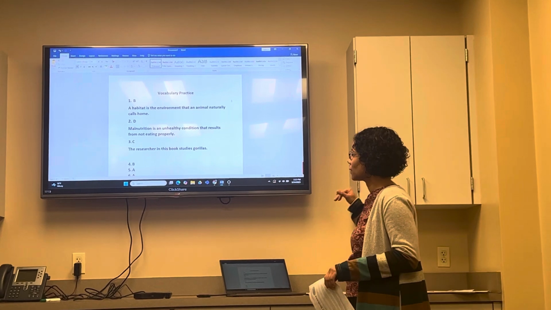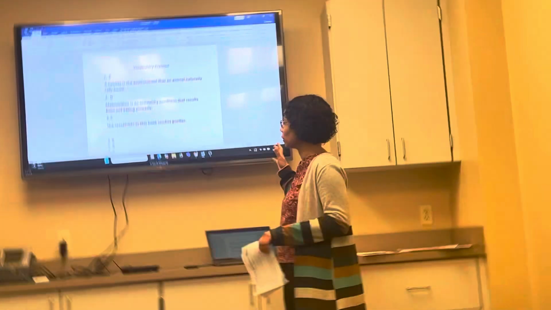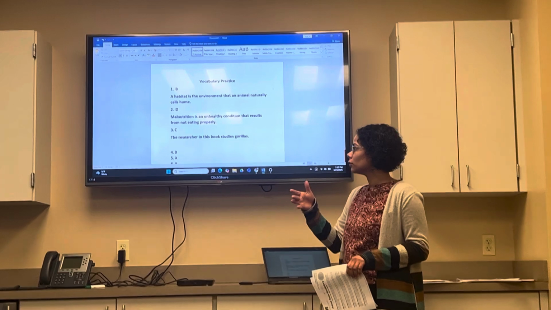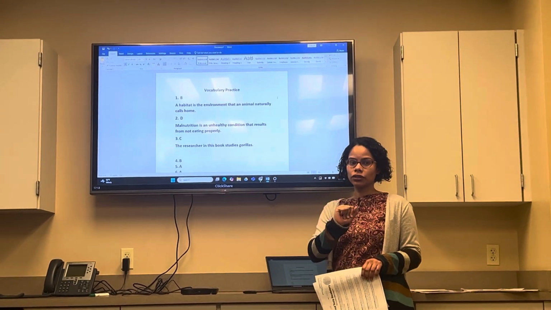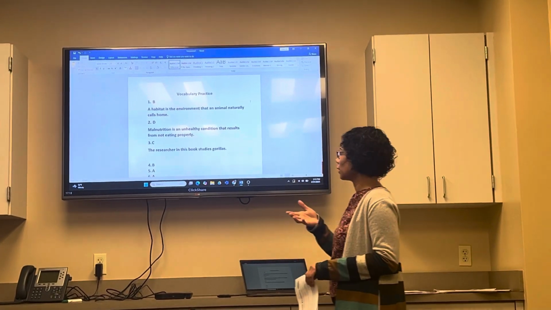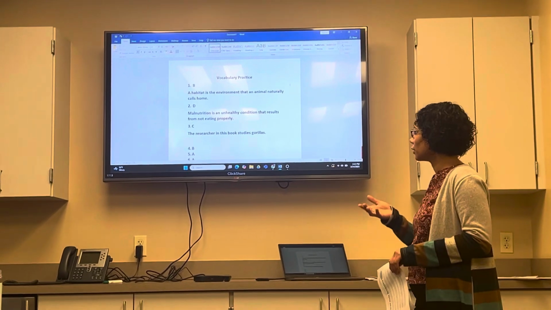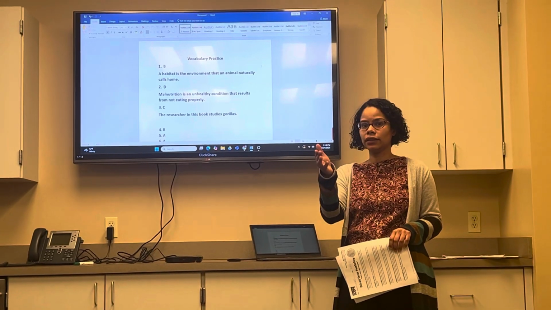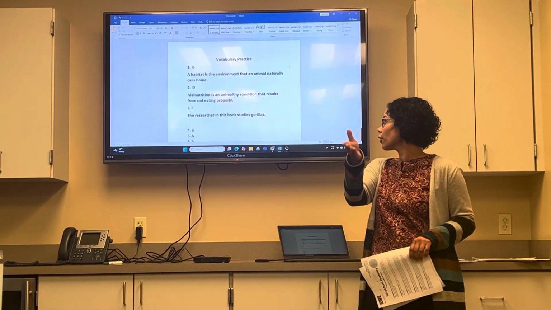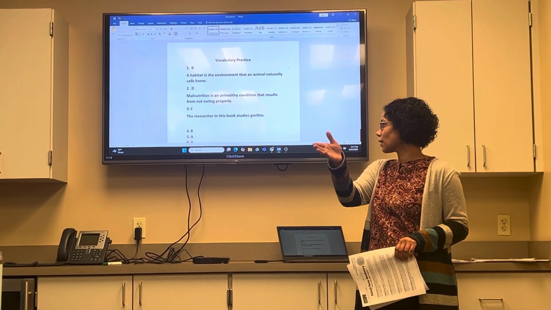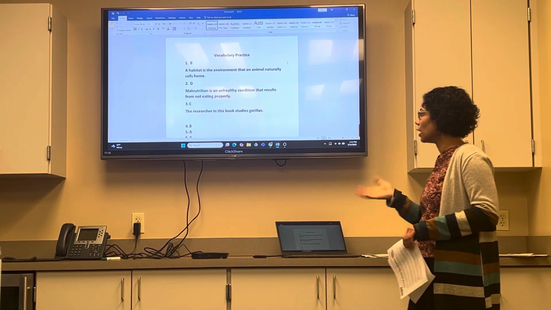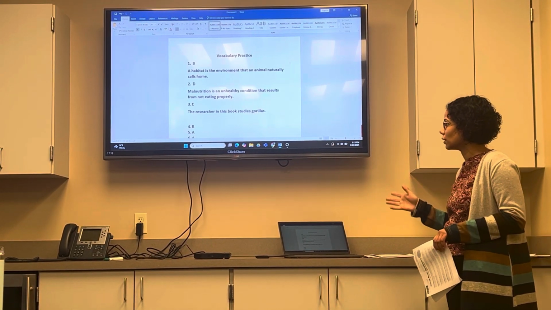Because a habitat is the environment that an animal naturally calls home. Good job. Yes, so why did you choose D? Yes, because malnutrition is an unhealthy condition that results from not eating properly. And then for that last section, why did you choose C? Good job, because the researcher in this book studies gorillas.